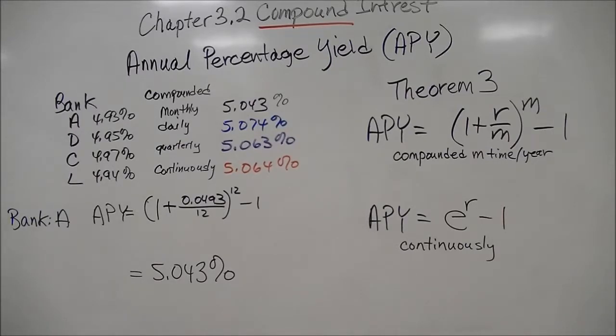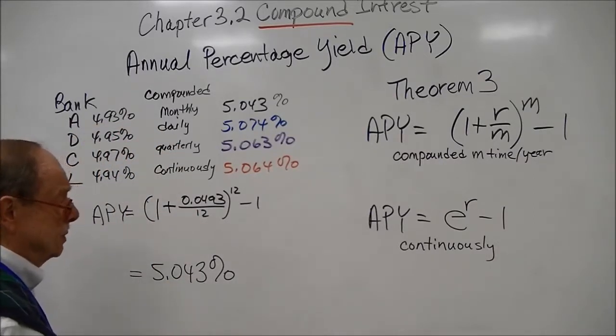What is the actual percentage yield of that? It's going to be higher than the 5%, and it's usually like 5.15 or something. Well, how do they figure that out? Well, that's what we're going to study here.